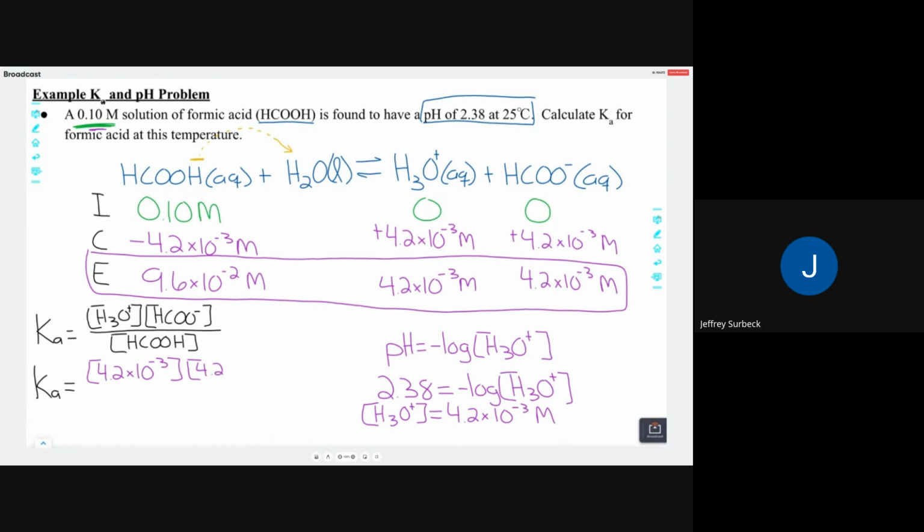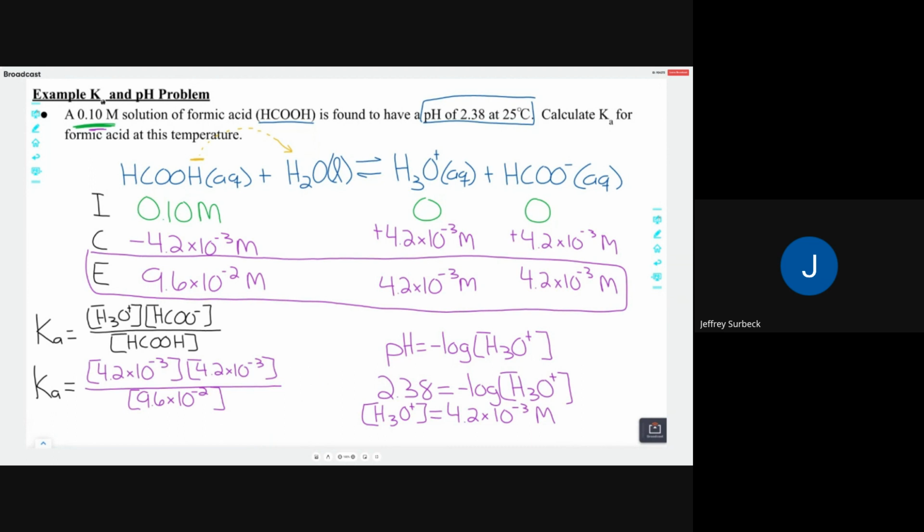So 4.2 times 10 to the negative third squared, all divided by the equilibrium concentration of formic acid, which is 9.6 times 10 to the negative second. And when we plug 4.2 times 10 to the negative third times 4.2 times 10 to the negative third, all divided by 9.6 times 10 to the negative second, what do we get?